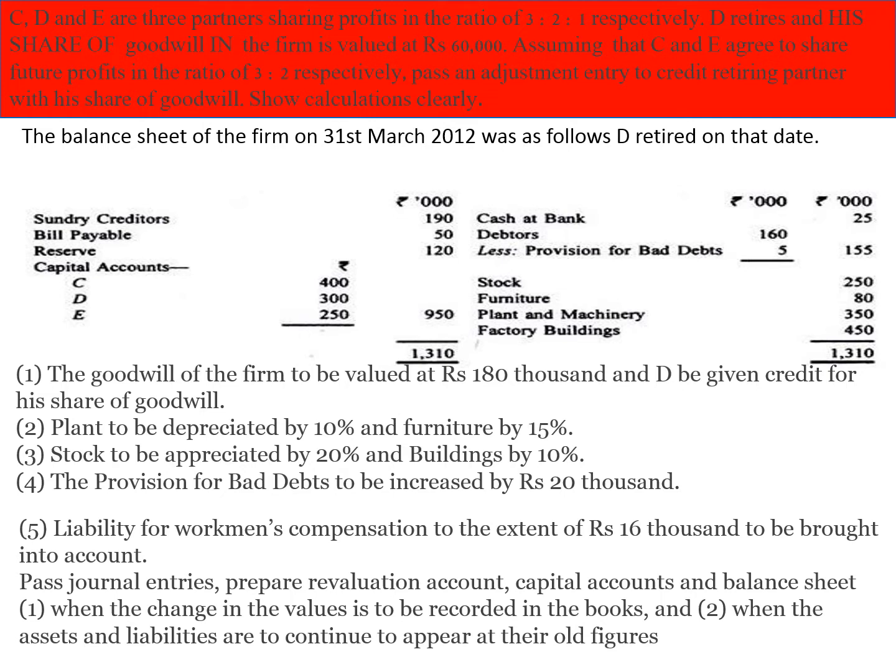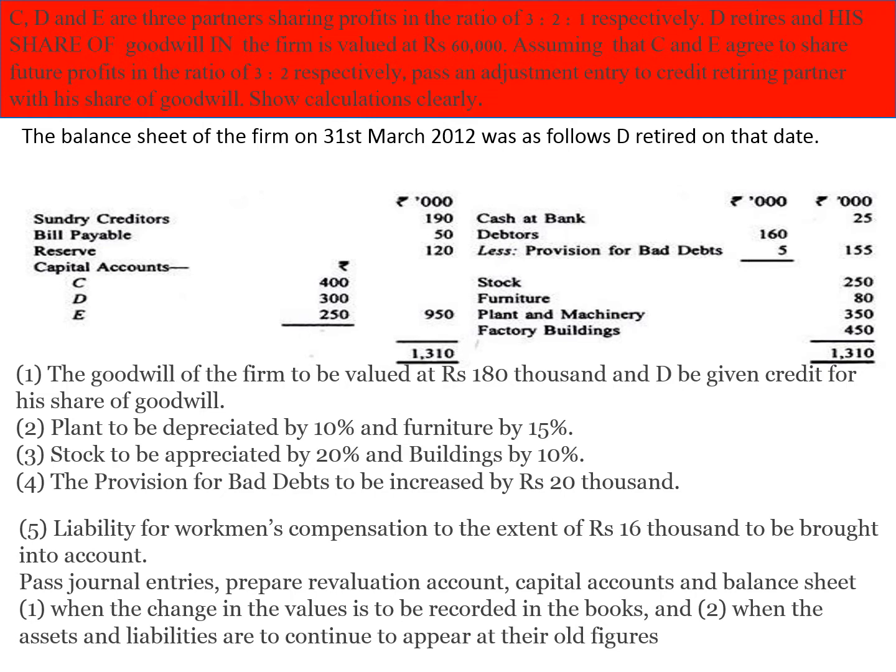So here there are three partners C, D, E. They are sharing profit in the ratio of 3:2:1. D retires and the share of goodwill in the firm is valued at rupees 60,000. Here you are given the value of goodwill of D's share, 60,000.